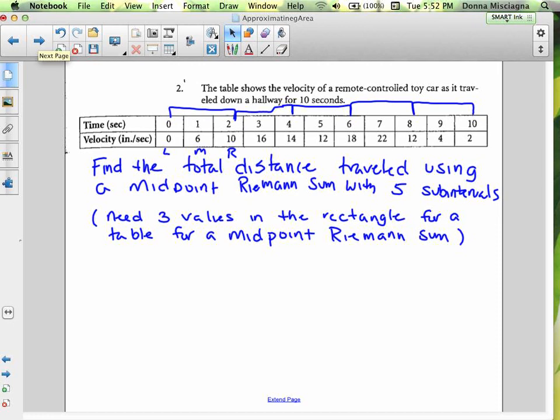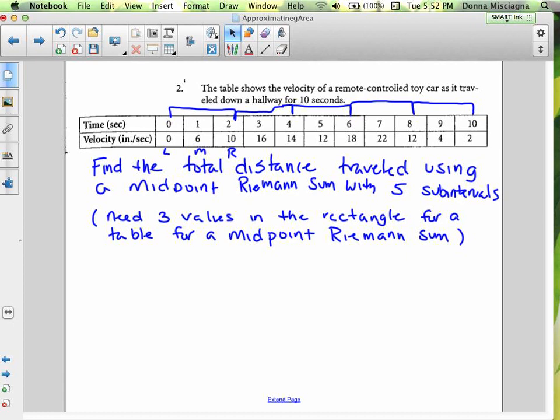Each bar shares the value, right? So the first bar and the second bar share the 10. The second bar and the third bar share the 14. The third bar and the fourth bar share the 18. The fourth bar and the last bar share the 12.